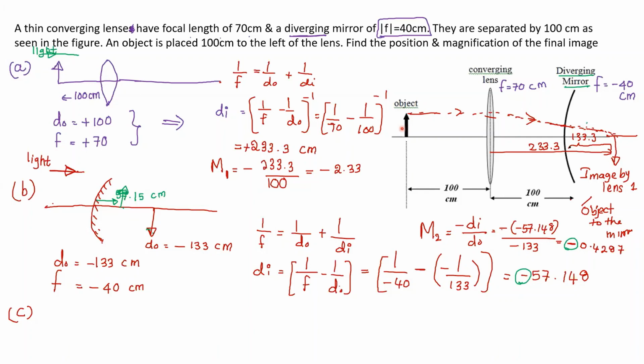Mirror will create this image here, but what it actually does is it reflects light, right? So it seems like it's creating an image here, but what it actually does, it reflects light. So this reflected light from the mirror will now go again and hit this lens, and again something will happen, another refraction. So that is the difference when you have mirrors.